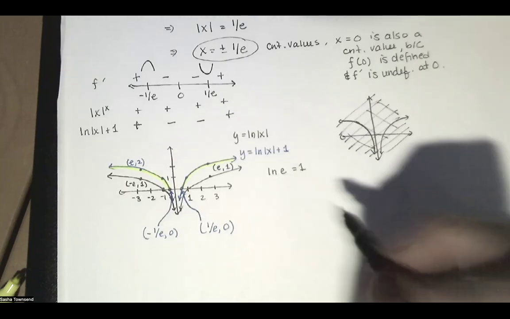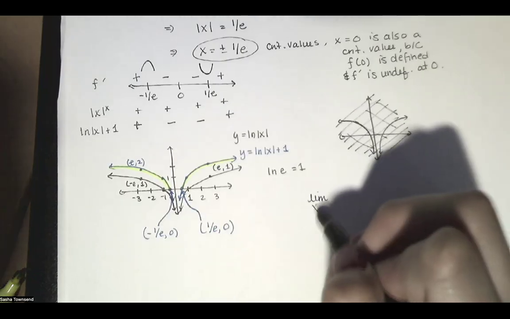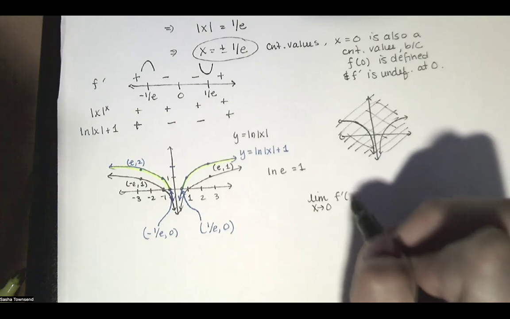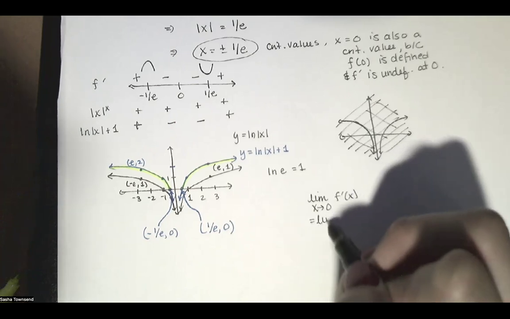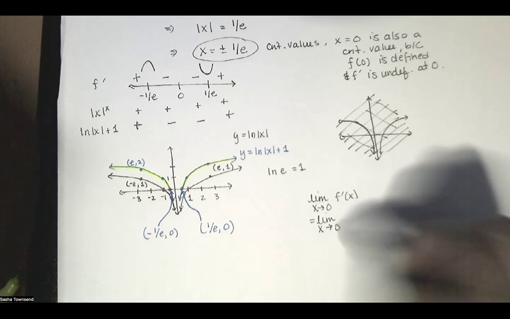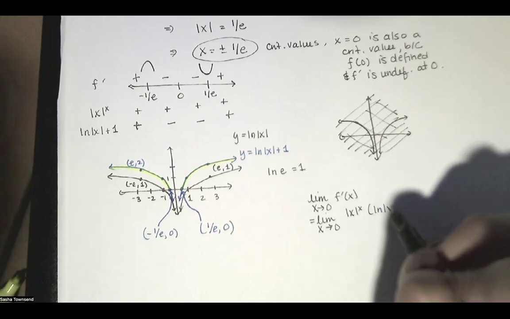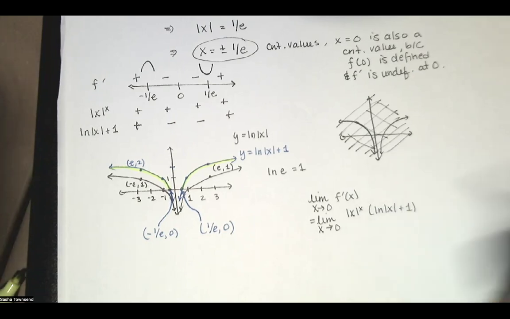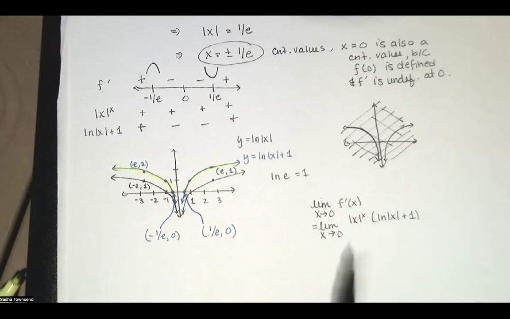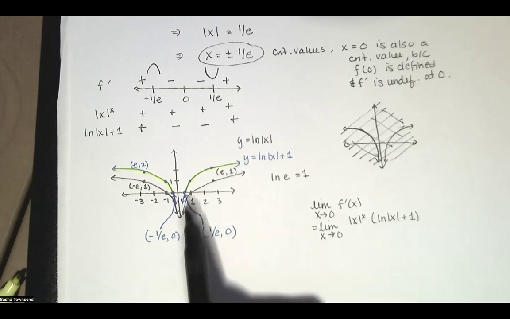So let's state that for ourselves. The limit as x approaches 0 of f prime of x, the limit as x approaches 0 of the absolute value of x to the x times the natural log of x plus 1. And if you want, you can also think of this graphically. We've just got something that's approaching 1 times a function that is going to negative infinity.